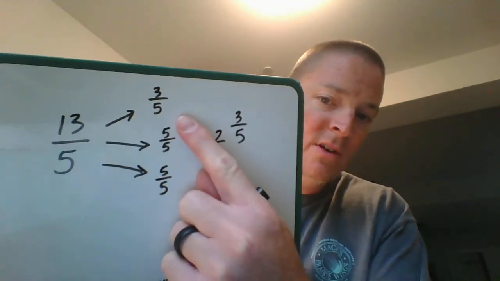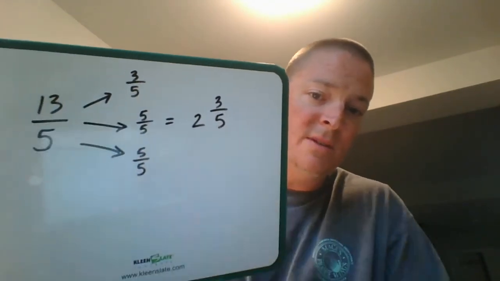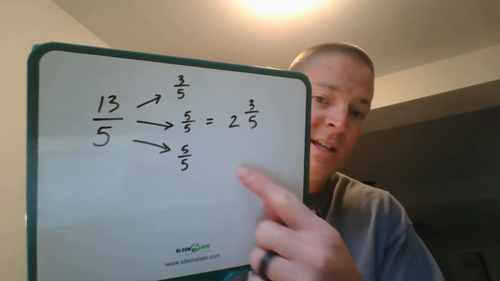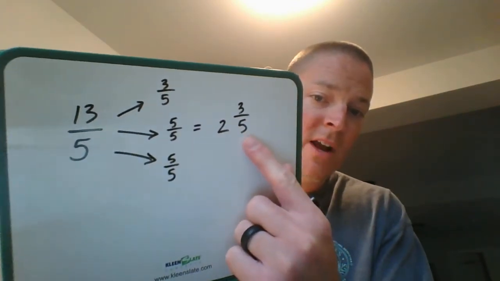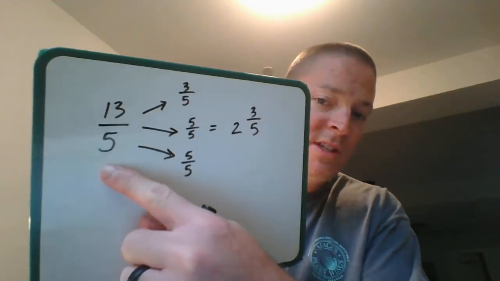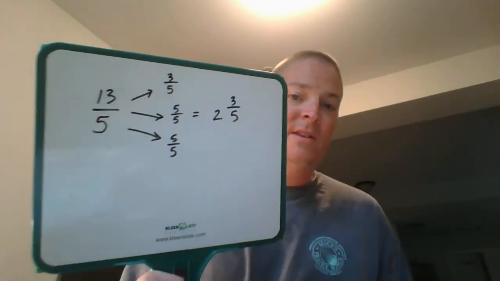And then my leftover is 3/5, and we just write that beside it. That's why we call that a mixed number, because it has both a whole number and a fractional piece, right? So 13/5 and 2 and 3/5 are what we call equivalent. They have the same value, but normally we write something like that as a mixed number, not as an improper fraction.